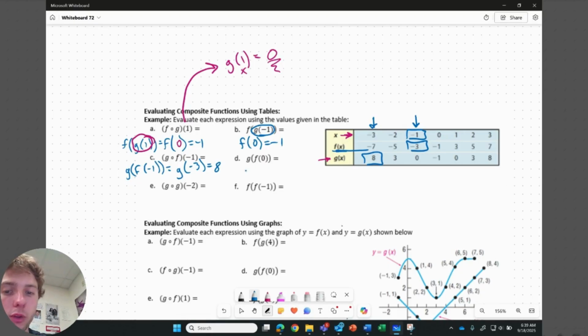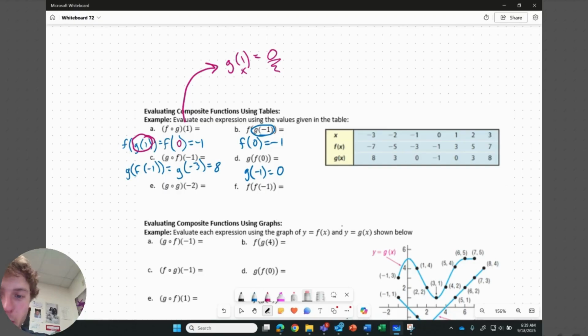Here's what I would get for the next two though. X value of 0, find f, plug that into g, g of -1, find -1 again, find the g value this time, which is 0.